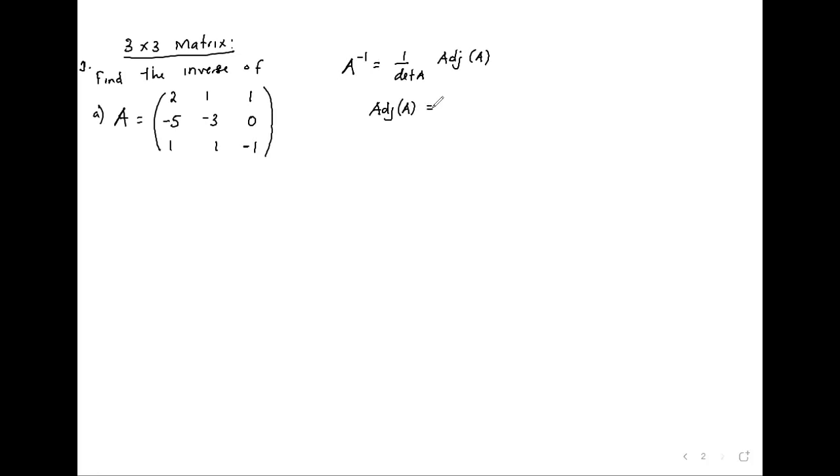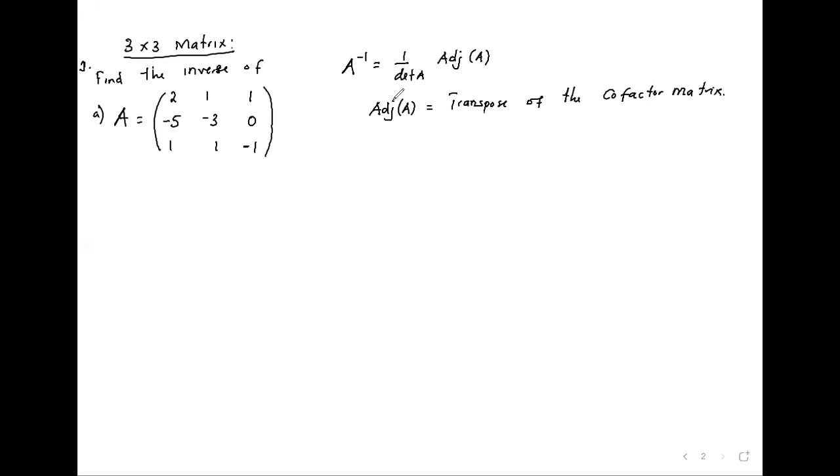The adjoint of A is the transpose of the cofactor matrix.